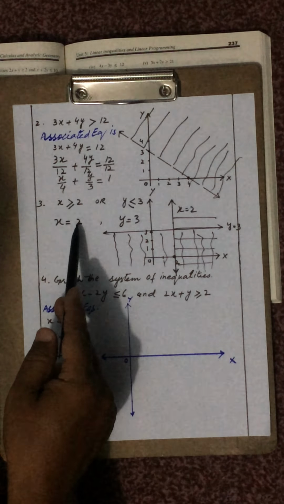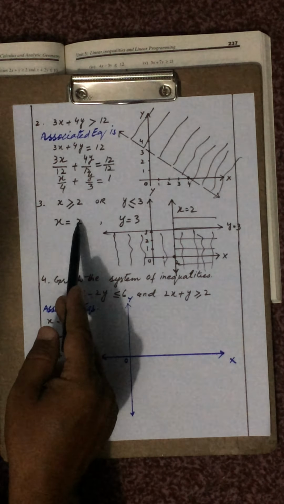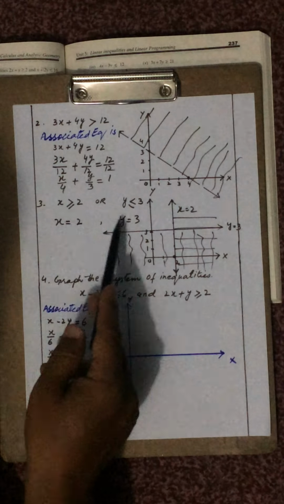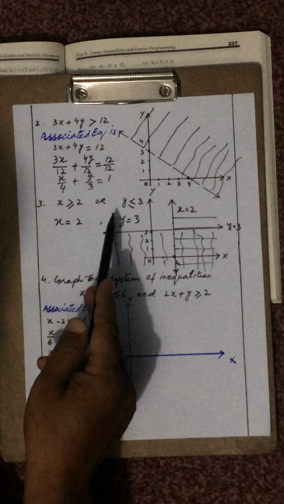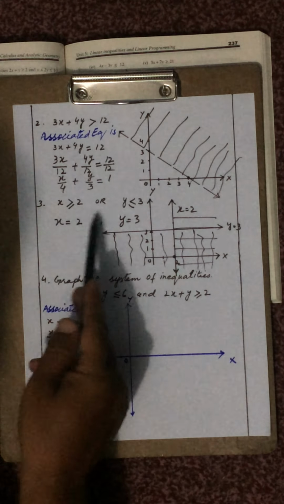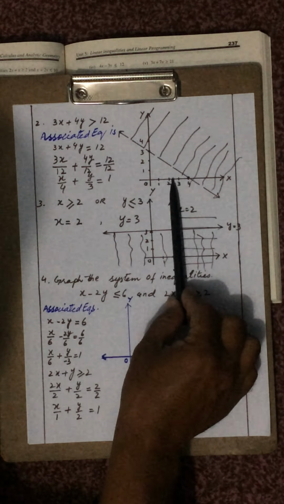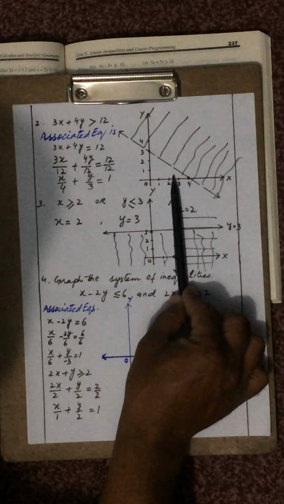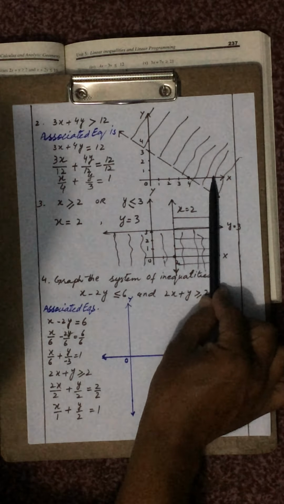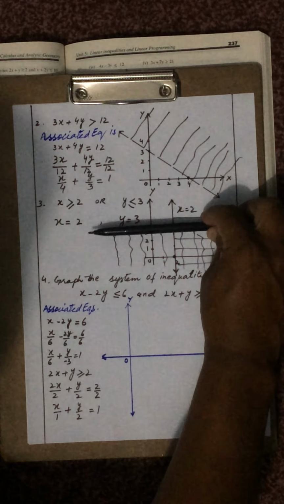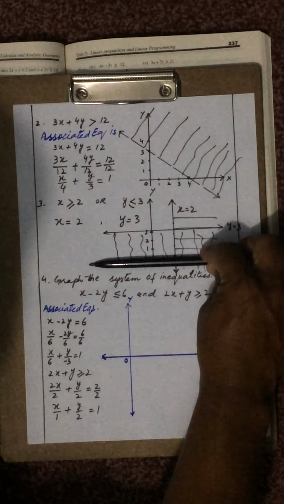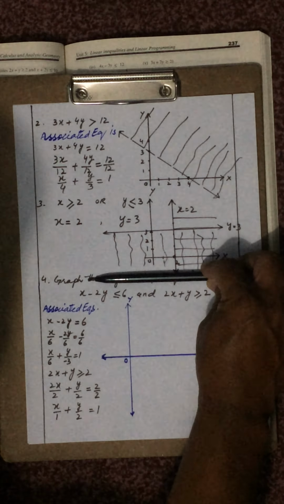If you are told to find the common region, the common shaded region of these two inequalities: as you see, this is the graph of the inequality x greater than 2, and this is the graph of the inequality y less than 3.